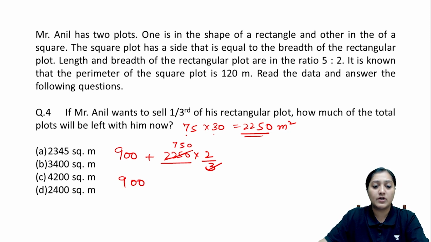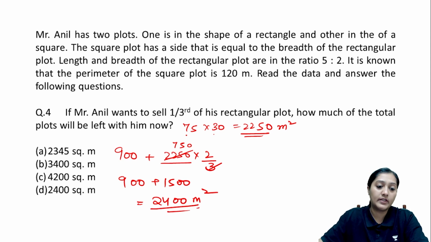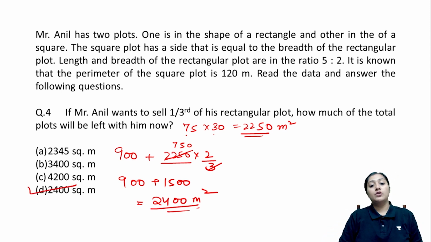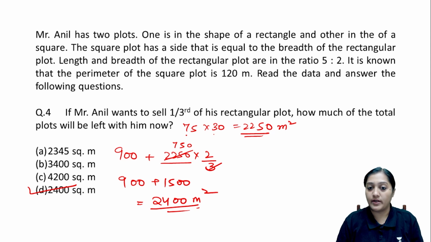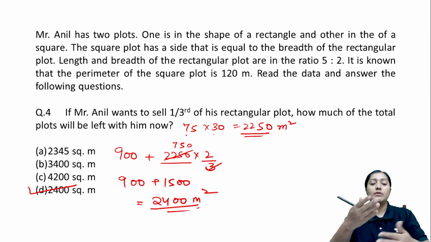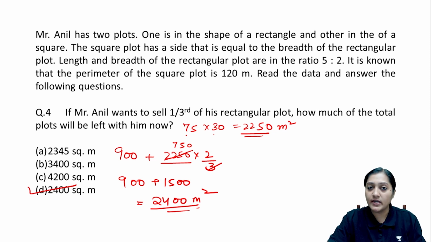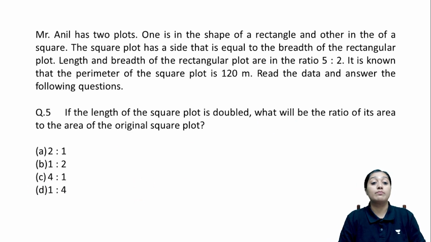So this comes out as 900 plus 1500, and he'll be left with 2400 meters square. So question में से ही answer निकलता जाएगा हमेशा. Once you just start doing it, I'm sure you will be able to do many questions there.